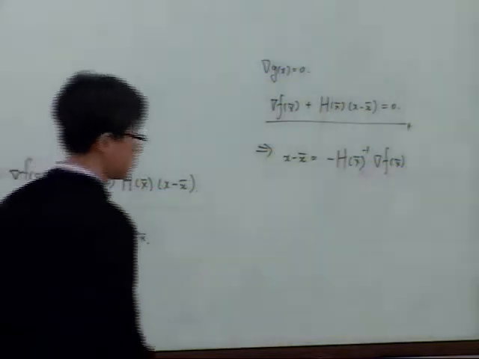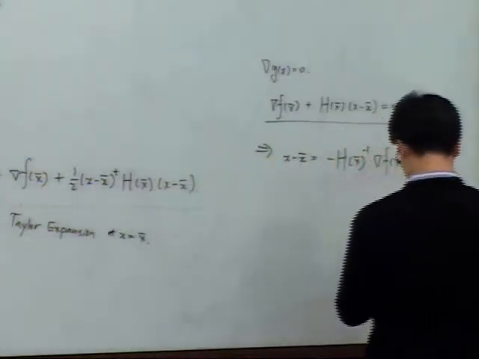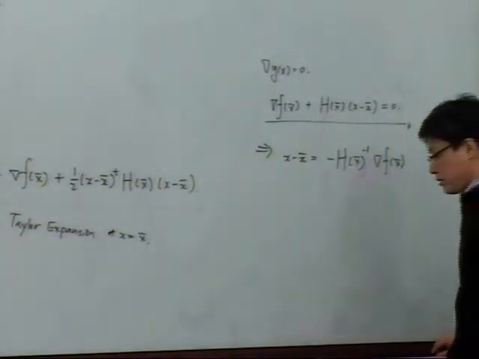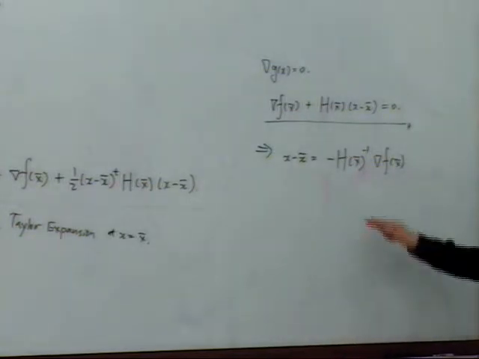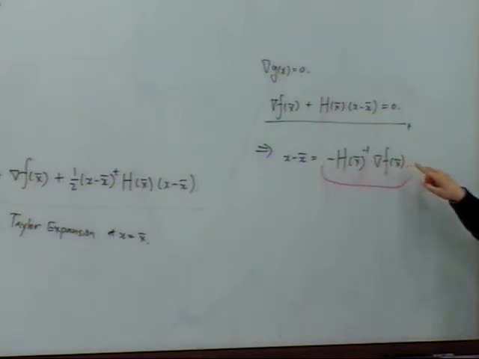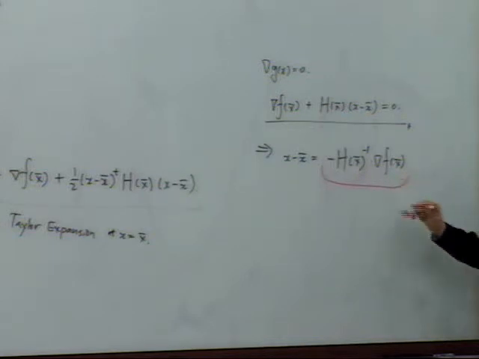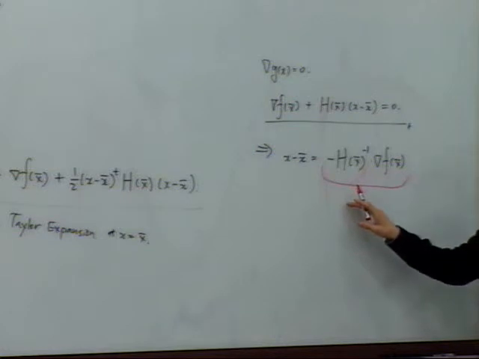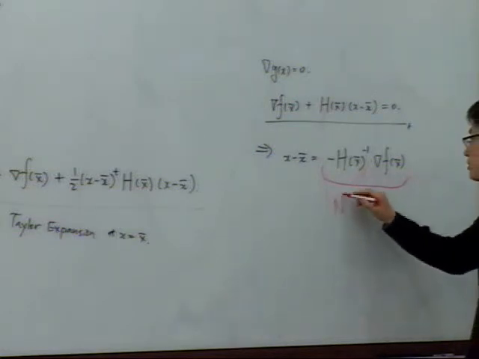and this is a matrix times a vector. So this is a vector, and we call this the Newton direction.